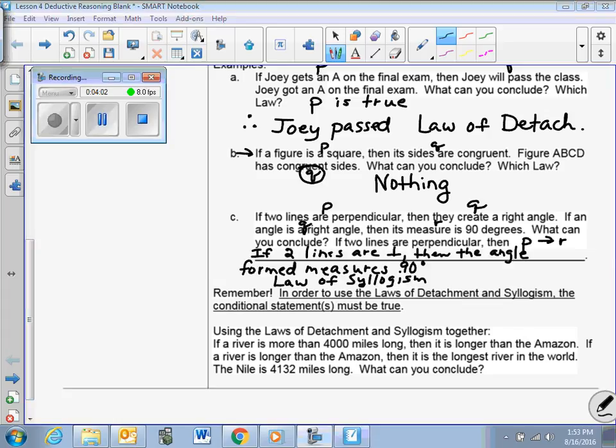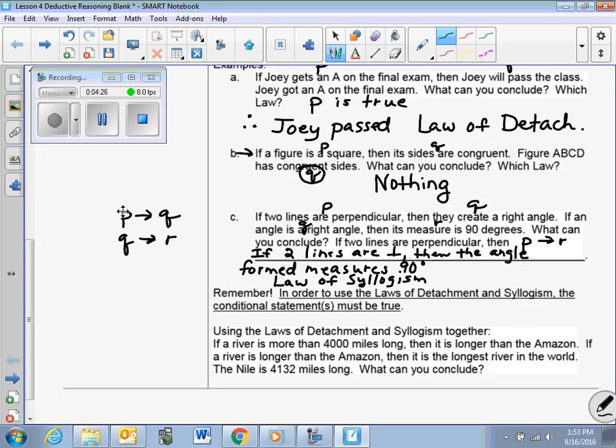Got to be careful. Okay, why don't you try C, see what happens. All right. Our statement here says if two lines are perpendicular, that's our P, then they create a right angle. There's our Q. If an angle is a right angle, there's our Q. Then its measure is 90 degrees. There's our R. So we have a classic case here of if P then Q, if Q then R. That is the law of syllogism.